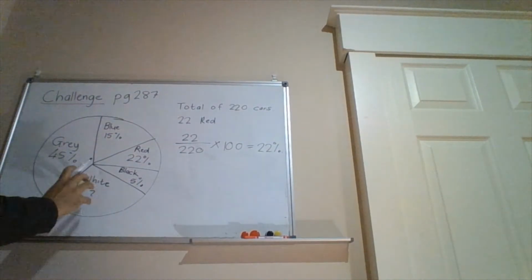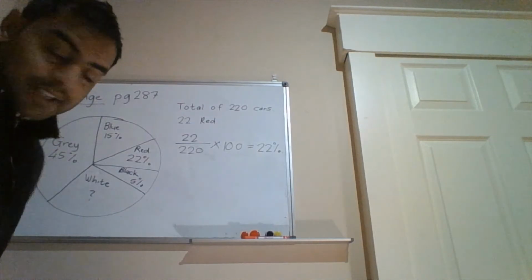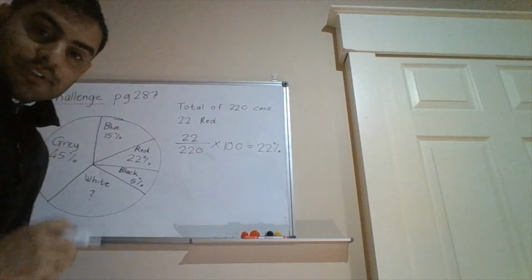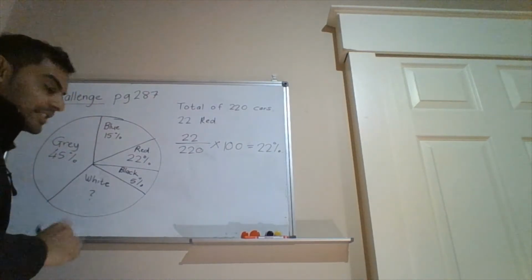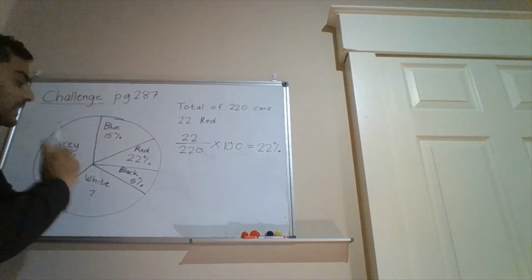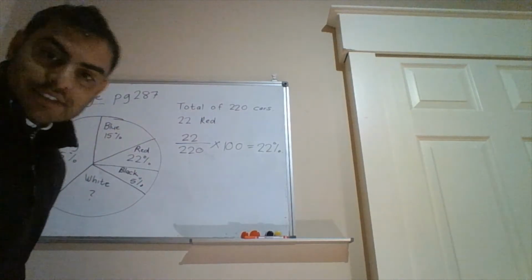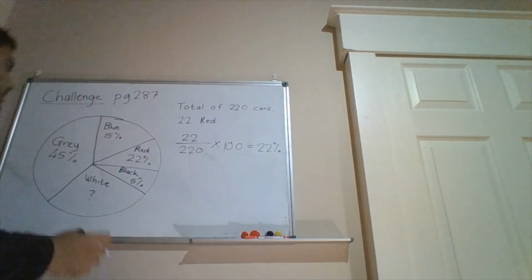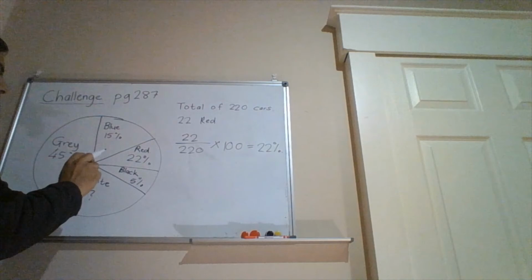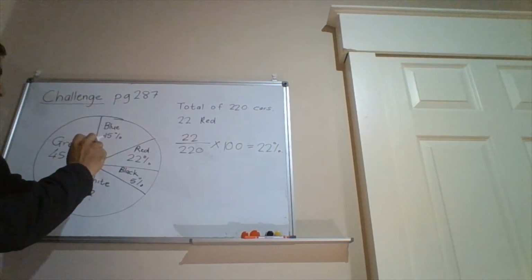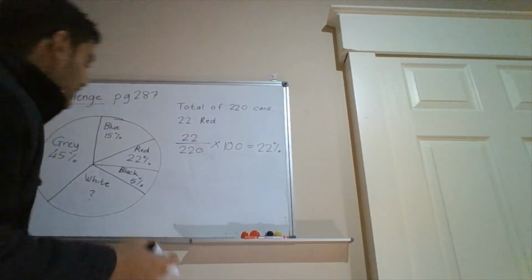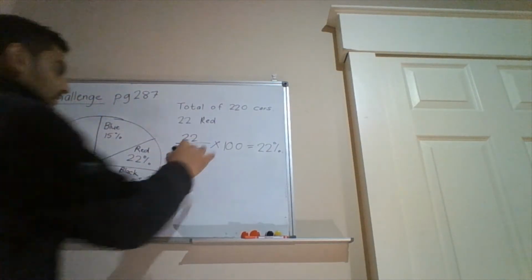Now, how can we work out the missing percentage for white? We have all the other percentages. So we know that all of the percentages have to add up to 100. So this missing piece plus everything else must give us 100%. If we add up here, we've got 45 plus 15 is 60, plus 22 is 82, plus 5 is 87.